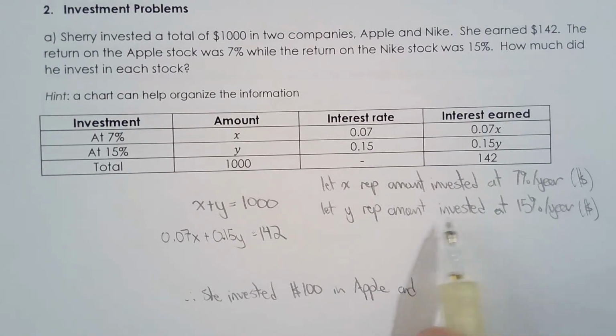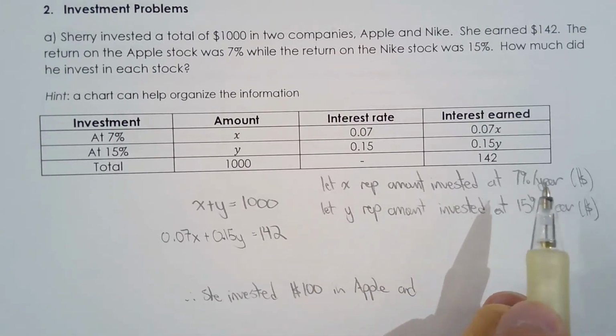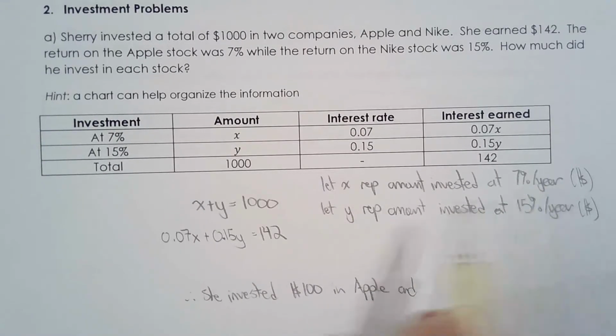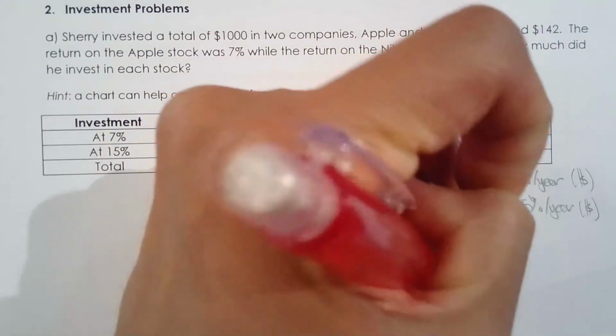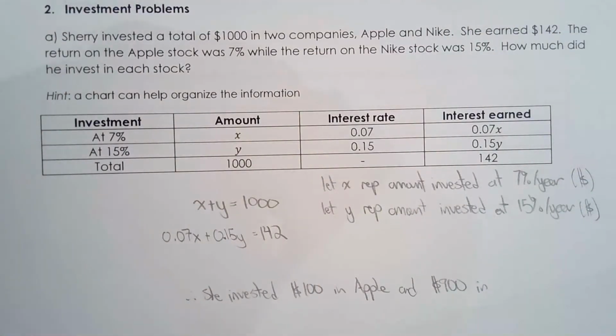So let X represent amount invested in Apple, let Y represent amount invested in Nike. If it's $100 in Apple, that must mean she invested $900 in the 15% return account, which is Nike.